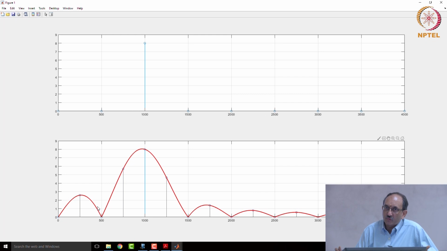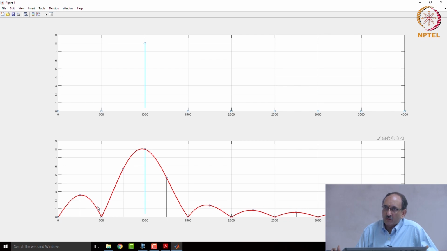It is originally centered around the origin, of course with the phase term and all, and its peak occurs at omega equals 0.